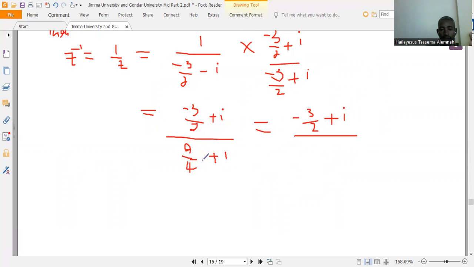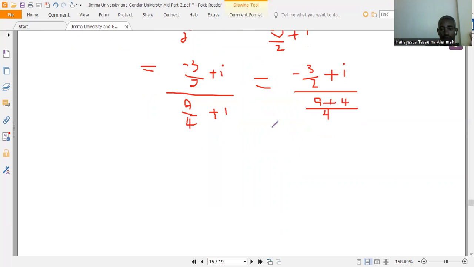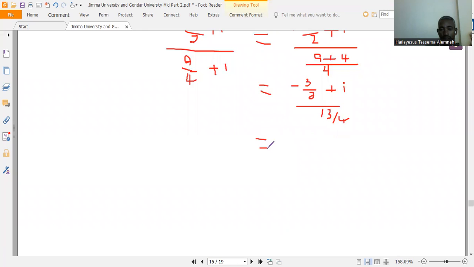Taking 4 as common, we get 9 plus 4, so it is minus 3 over 2 plus i over 13 over 4, which is minus 3 over 2 plus i times 4 over 13.